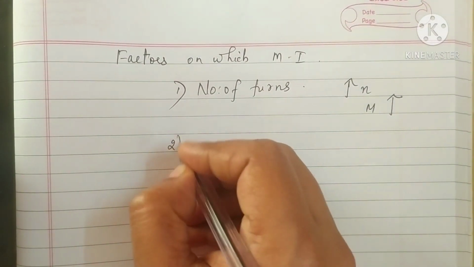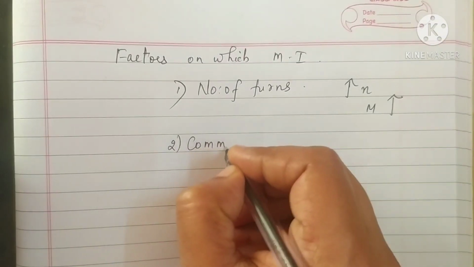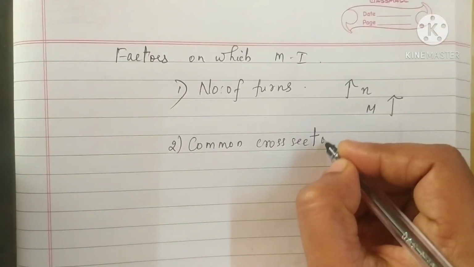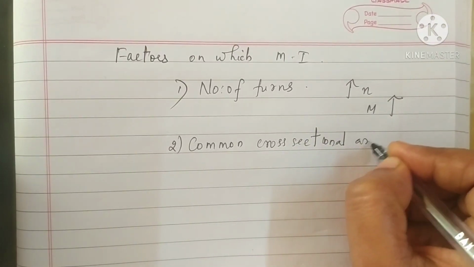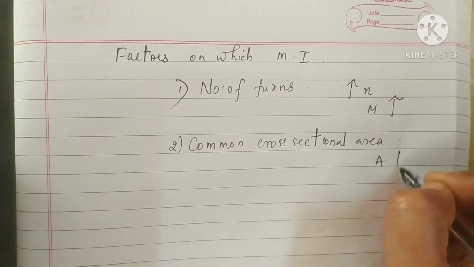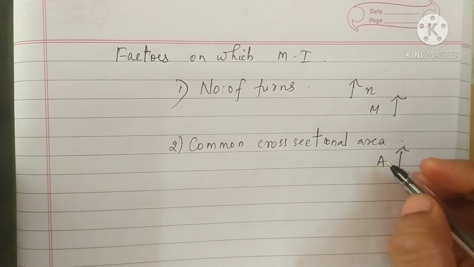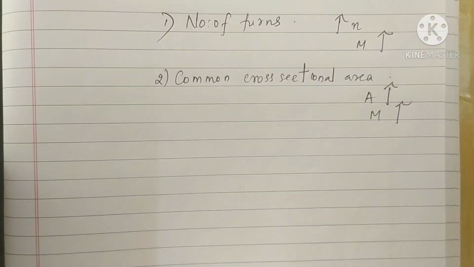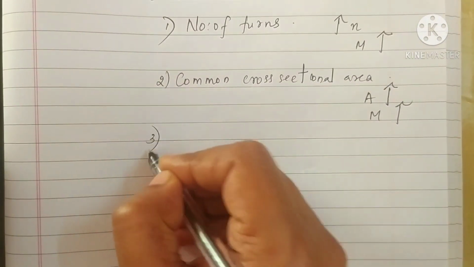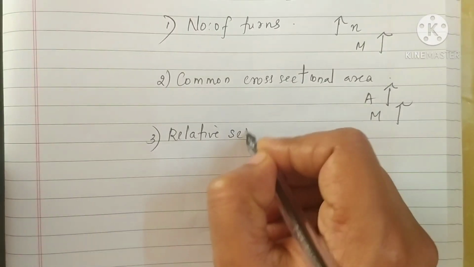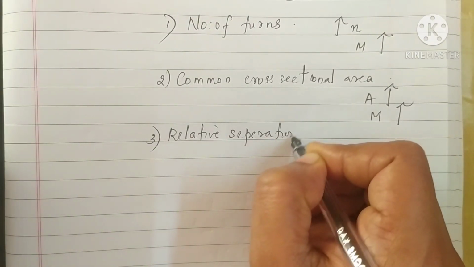Second one is common cross-sectional area. Again, the larger the area, the larger will be the mutual inductance. Now the third is relative separation between the solenoids.